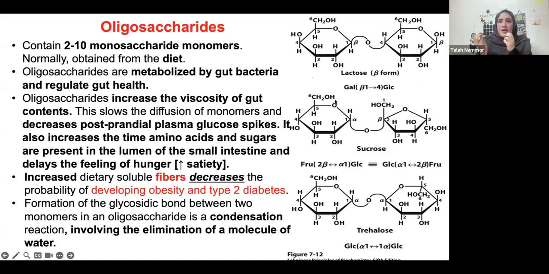Think of it like this: the body is trying to break down the fibers, but the fibers are not being broken down. So it's kind of delaying the process of other things being broken down. So it will increase the time of amino acids and sugars in the lumen of the intestine, so you're not going to feel hungry so fast. Do you get me? Is it clear?